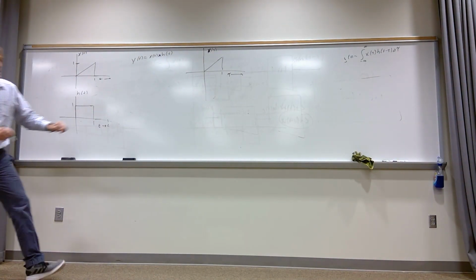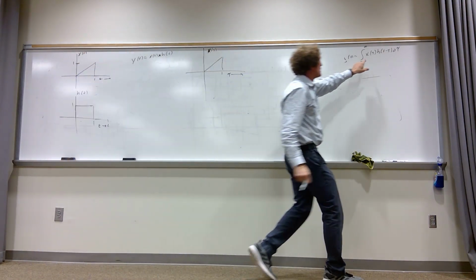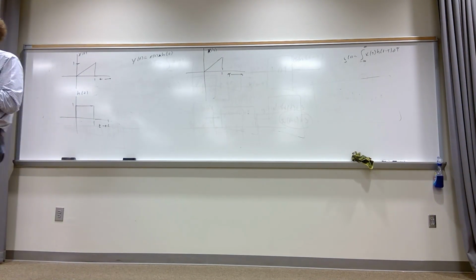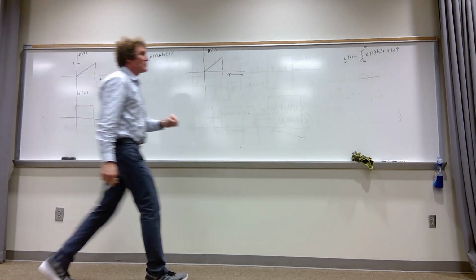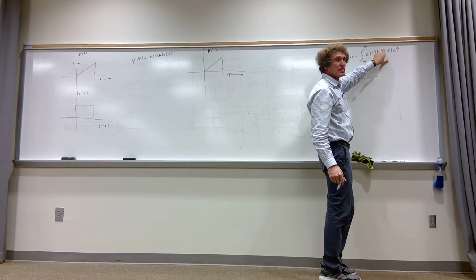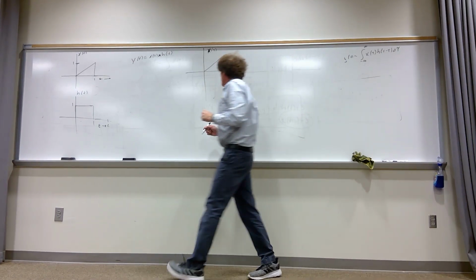Now that's my x of tau right here. Now the next thing you're going to do is graph h, but not of tau, but of minus tau, because you'll see right here, there's an h of minus tau of t0. Do you all see that? So now you graph h of minus tau.